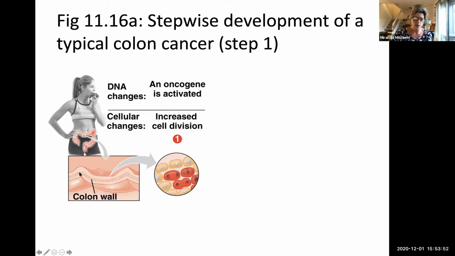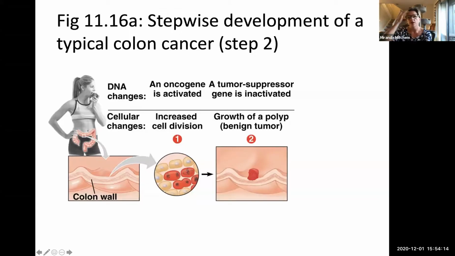So we're looking in this example at the colon wall. What happens first is an oncogene is activated. Now we get increased cell division with these red looking cells, as you can see. That is the first cellular change. This will lead to the growth of a polyp, which is a benign tumor, and this is what the colonoscopy looks for.